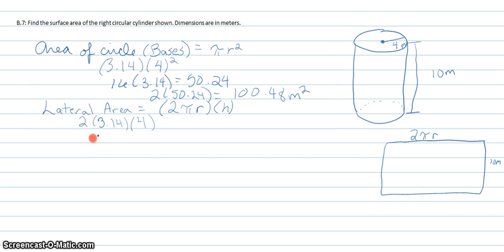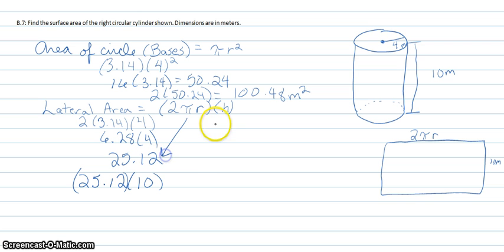So we'll have 6.28 times 4, which is 25.12, and we're going to then multiply that times 10. So it'll be 251.2 meters squared.